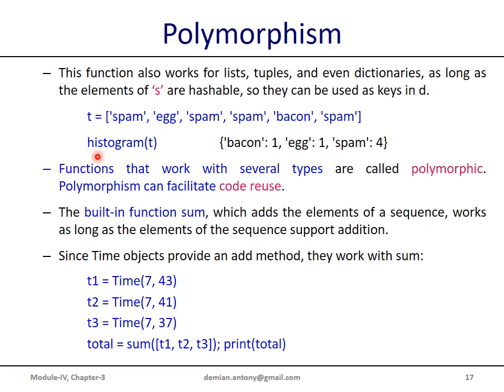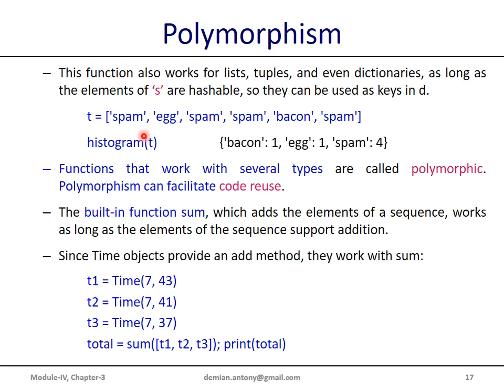If we call this function histogram for a list of strings, we get this result. Similarly, this function can be used for a list with only integer values, or even characters or other types, even dictionaries or tuples.